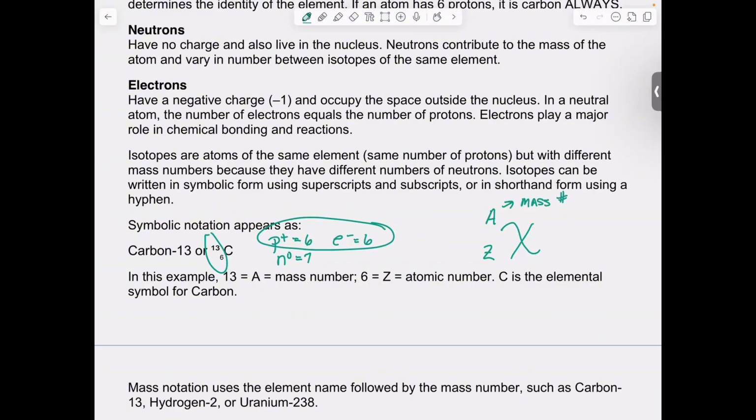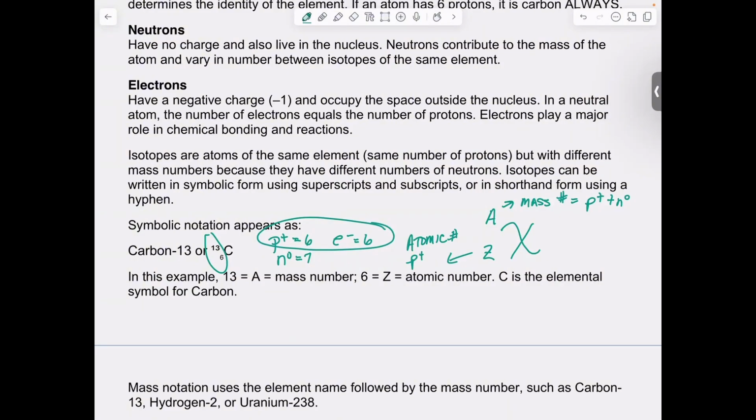When you think of mass, the two subatomic particles that contribute to mass are your protons and neutrons. So it should make sense that this is the sum of both protons and neutrons, and then this would be just P only. And that's your atomic number. I remember being in chemistry and having a heck of a time understanding what mass number is and what atomic number is.